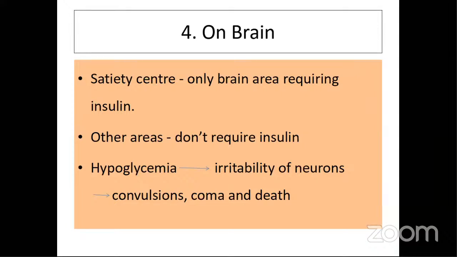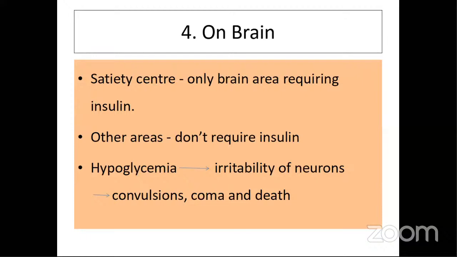But one important thing that you should remember is that in the brain, hypoglycemia is more dangerous than hyperglycemia. It is the hypoglycemia, because the brain can't survive without glucose. If there is hypoglycemia, irritability of the neurons can occur, which can result in convulsions, coma and death of the individual.